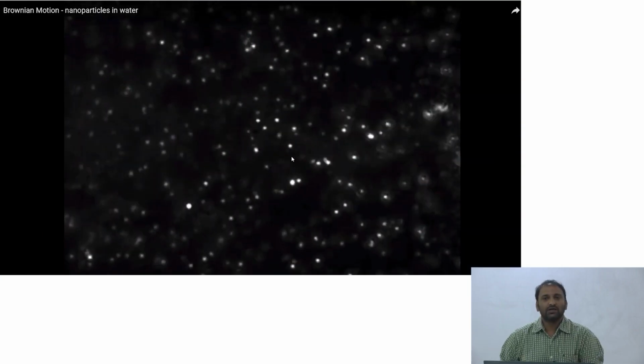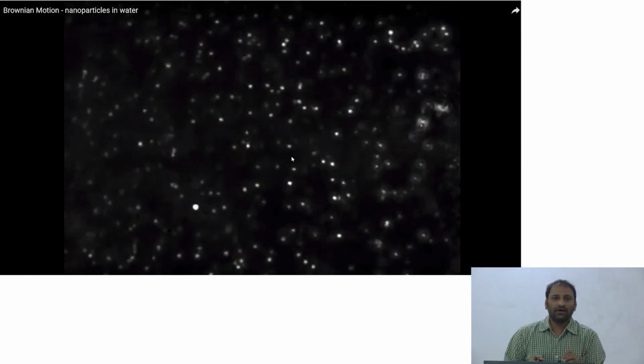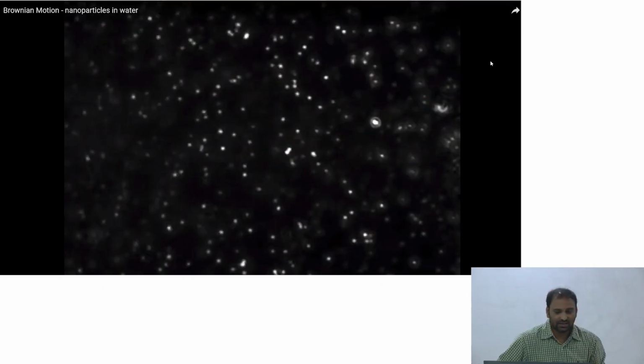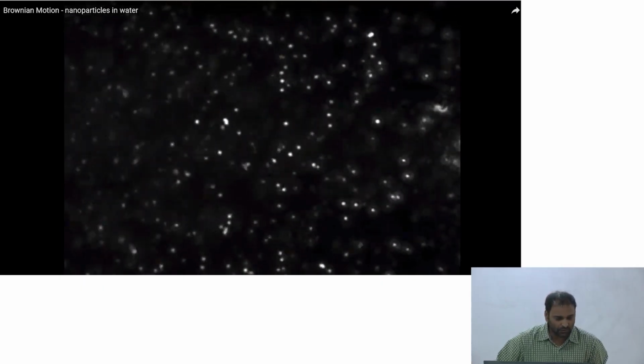So people use fluorescent particles, by which I can push the limit of microscopy. I can look at things much smaller than a micrometer, even 200 or 300 nanometers. So these are sub-micrometer fluorescent particles, and the white dots, as I said, are spherical particles dispersed in a fluid.